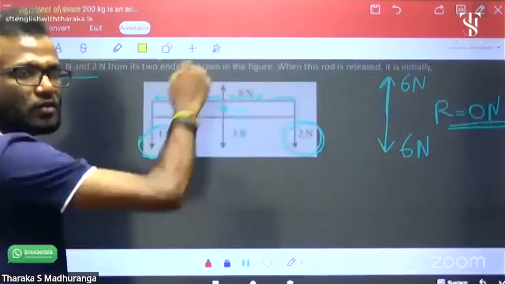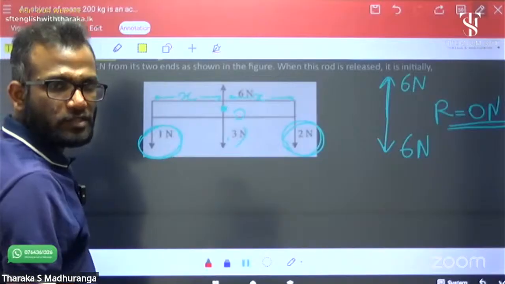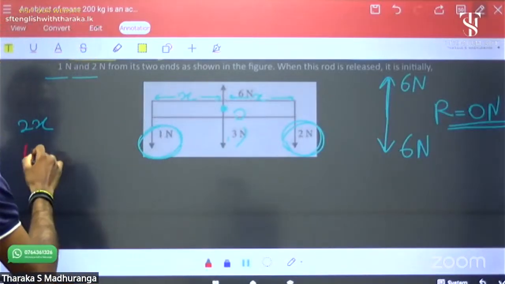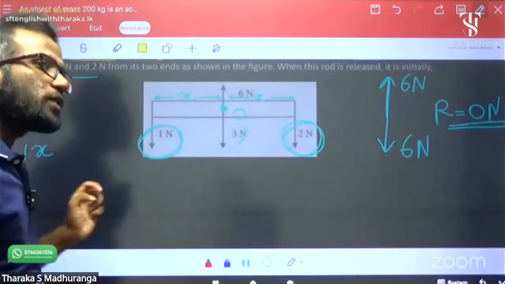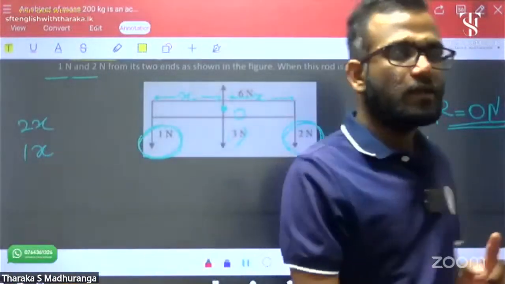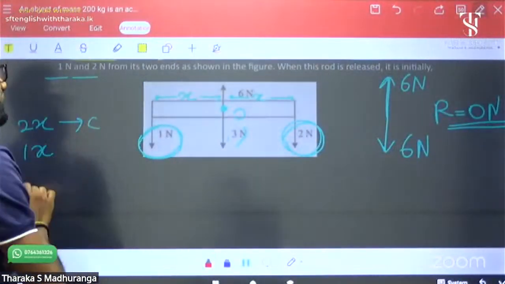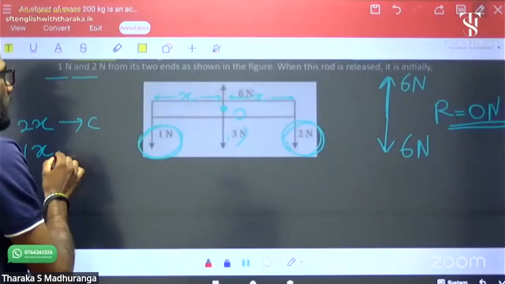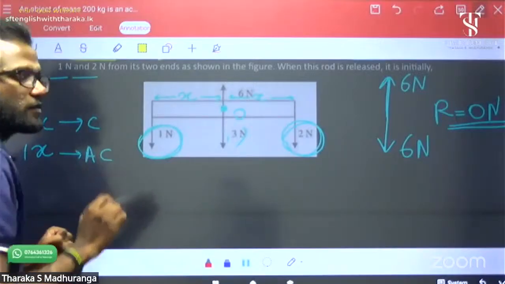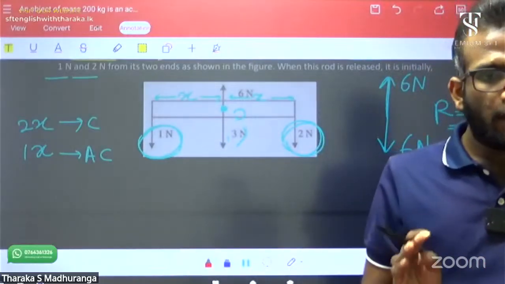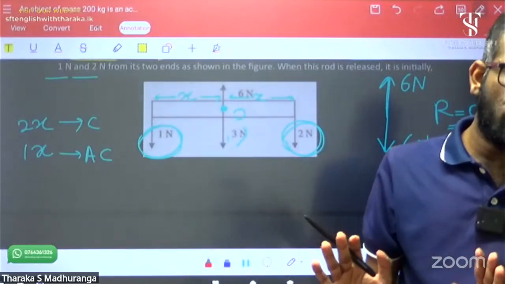In the anti-clockwise direction, the moment of force is 1x, which means x. Now you can see the clockwise moment of force is greater than the anti-clockwise moment of force. Understood?